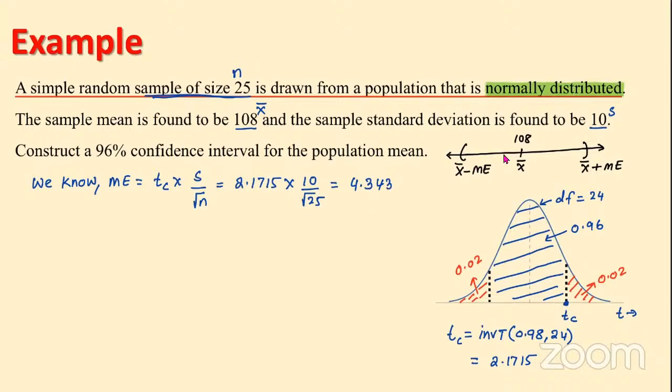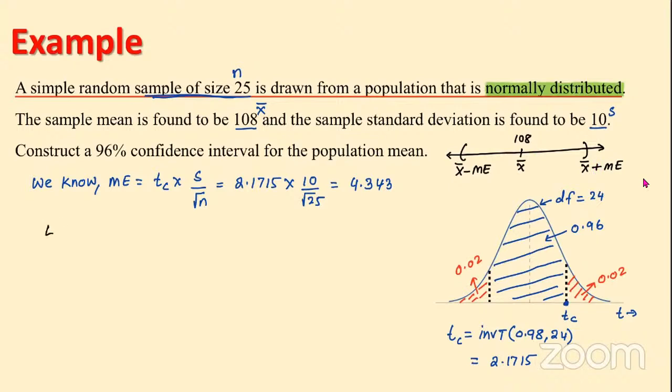If we look at the diagram that we have drawn here for the confidence interval, we have the value in the middle. To get the lower boundary, we have to subtract the margin of error from the point estimate. To get the upper boundary, we have to add the margin of error. So that's our next step.